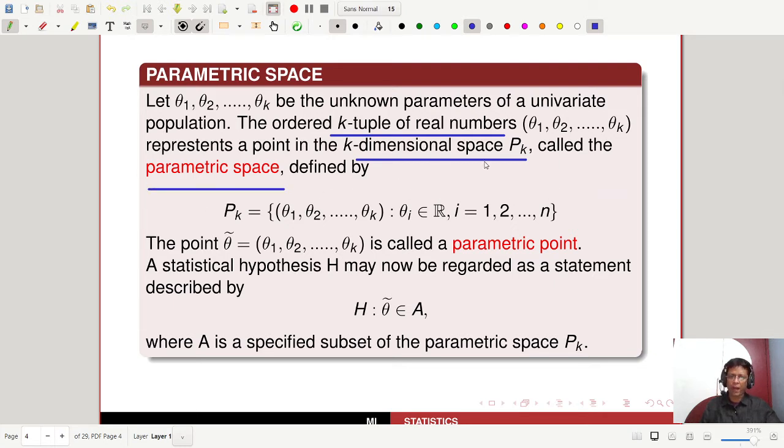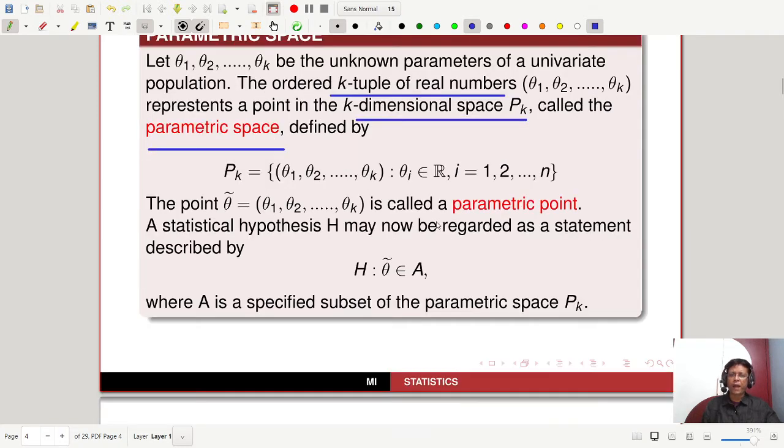That is, Pk is called the parametric space actually, defined by Pk containing all those points of the real numbers having the k-tuple of real numbers. So Pk is defined by this set. It represents the parametric space. So the point theta tilde, equal to the k-tuple, is called a parametric point. So any point belonging to the space is called a parametric point.